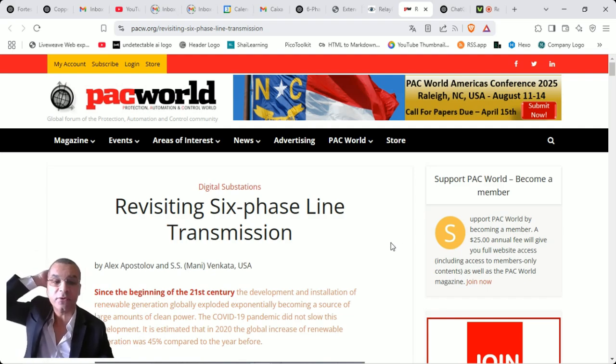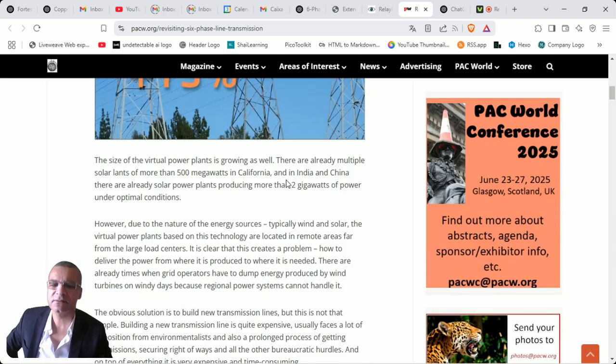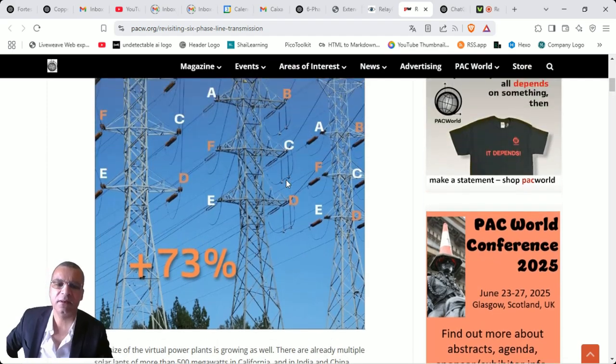One conclusion from Alex's article amazed me. Implementing a six-phase system can achieve approximately 73% increase in transmission power within the same corridor. So without changing anything, you can increase the power that you can transmit through the existing line.